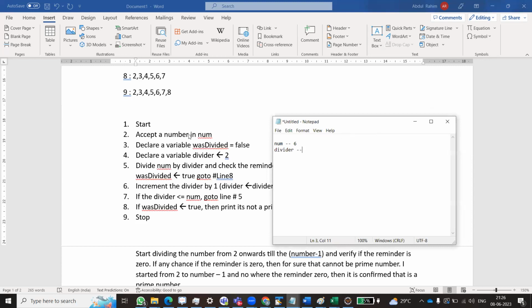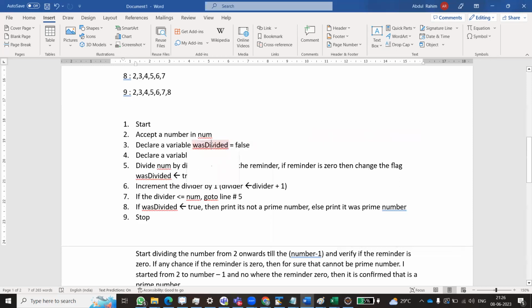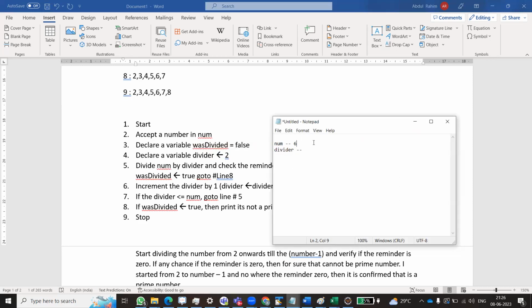See, here I accepted a number. And in line number 3, I have this. What is the variable? And what is the value of this? Was divided.